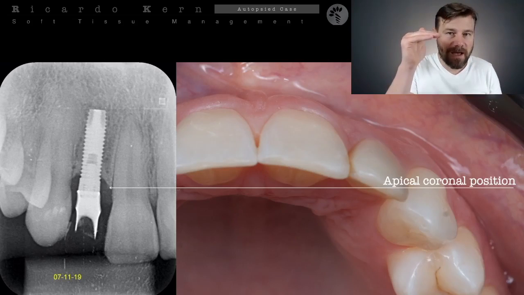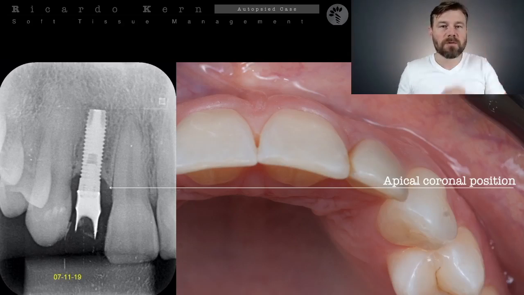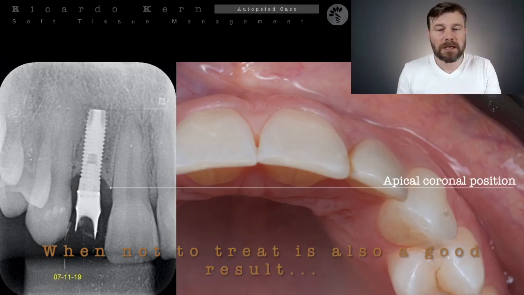Even if I have the implant platform too coronally, sometimes I can increase the volume without the need to remove this implant. Okay, that is good for us to understand, because I don't like that you apply surgery in a case that we're going to lose the game.